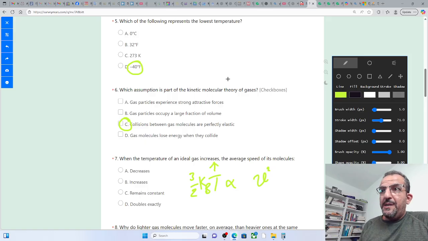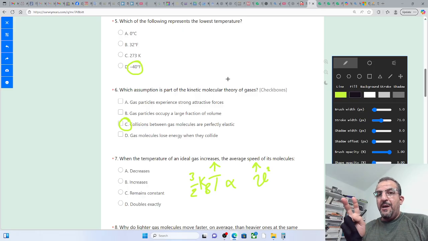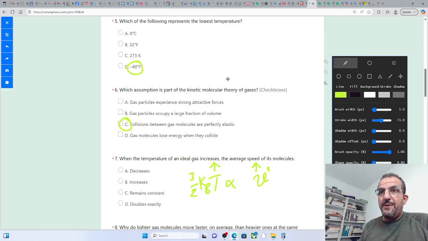So by increasing temperature, the speed of the gas particles or gas molecules will increase as well. We know this relation between the thermal energy and the average kinetic energy of the gas molecules. So the right answer is B, which is increasing.